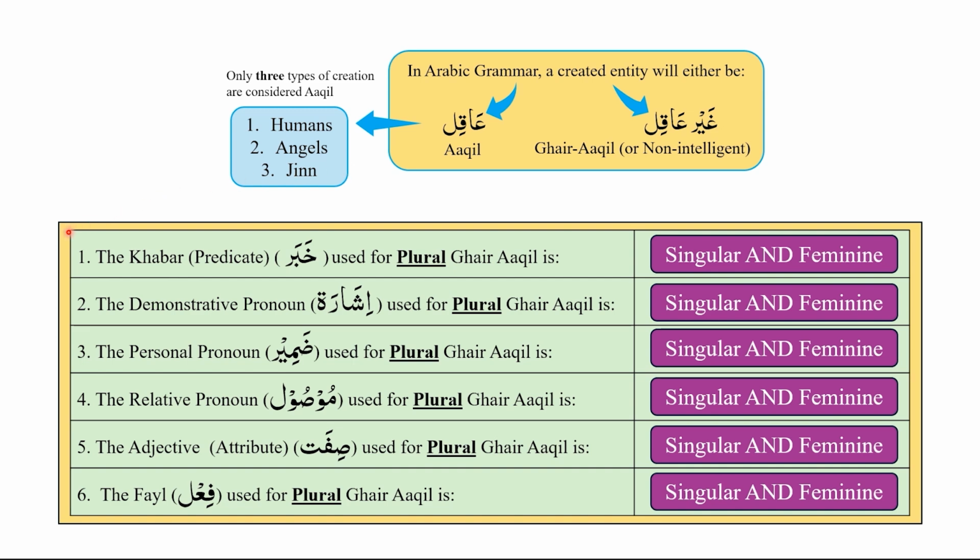This is the rule that we need to remember carefully. The khabar or predicate used for the plural of ghair aqil will be singular and feminine. The demonstrative pronoun, the personal pronoun, and the relative pronoun used for the plural of ghair aqil will be singular and feminine.